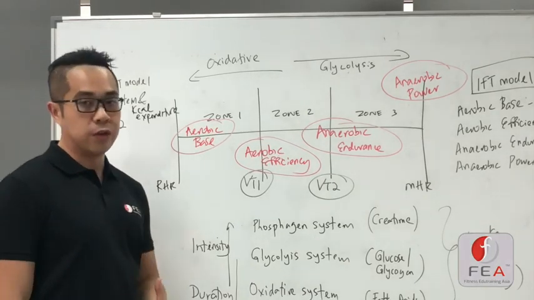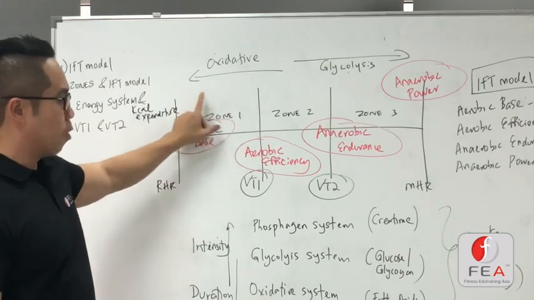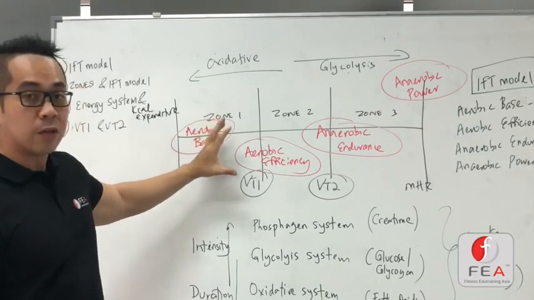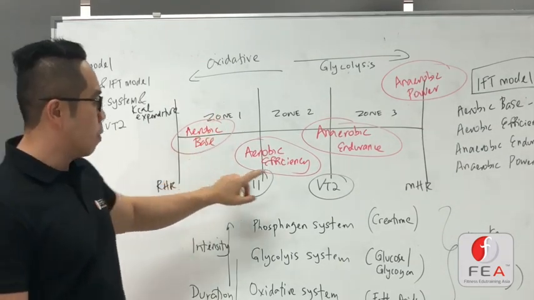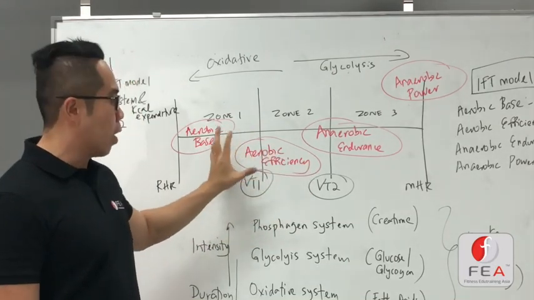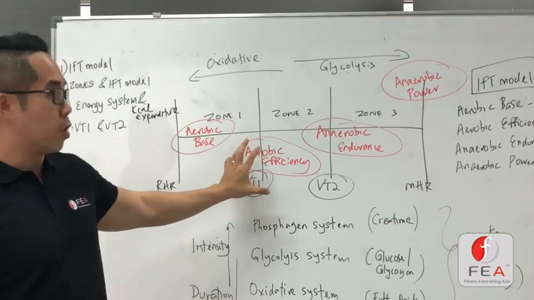Now, if you're training for function, you'll be training at zone 1, which we call the aerobic phase. As exercise intensity increases, if you would like to work on your health, then you'll be training in the aerobic efficiency phase. That will help to improve your health as well as help to manage your body composition.